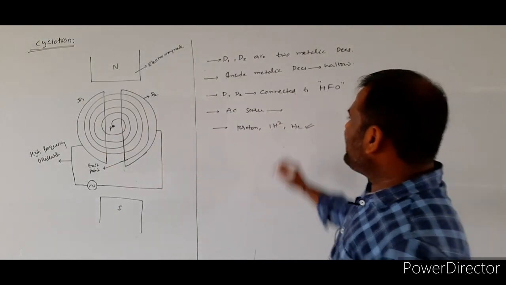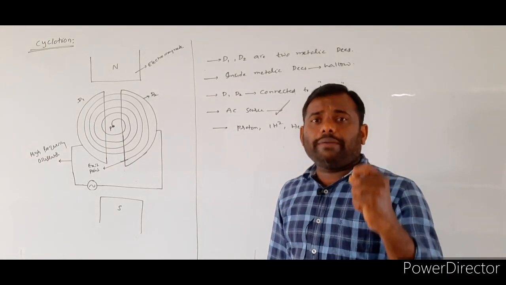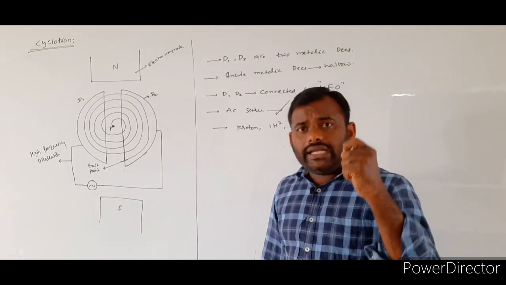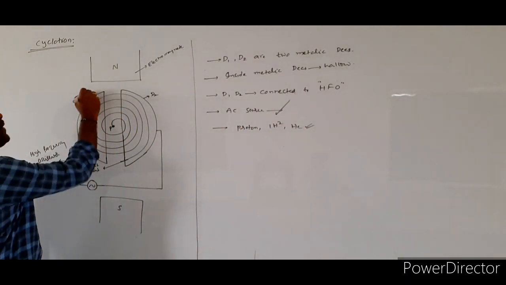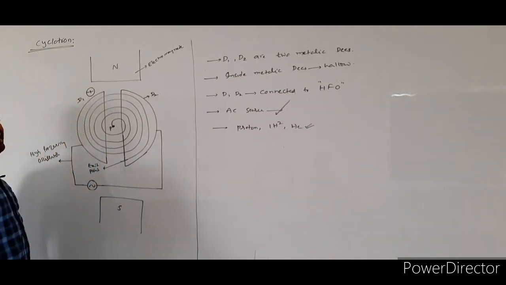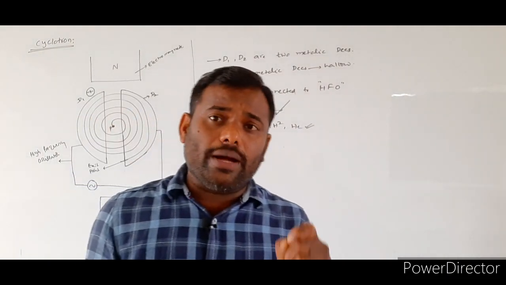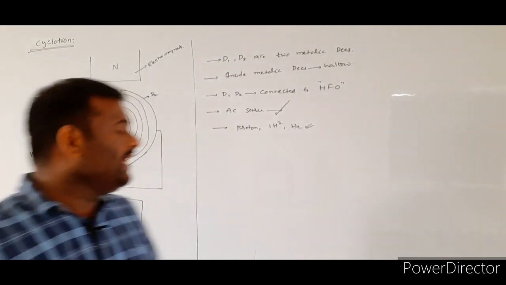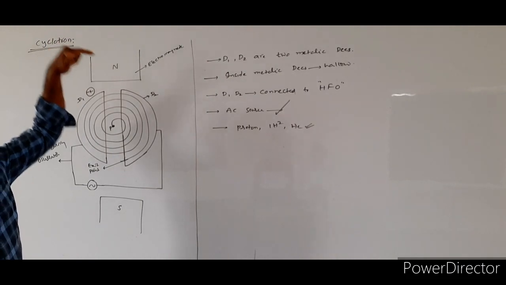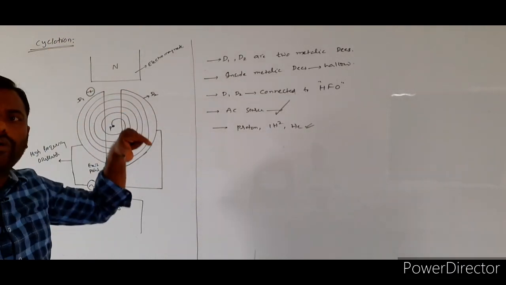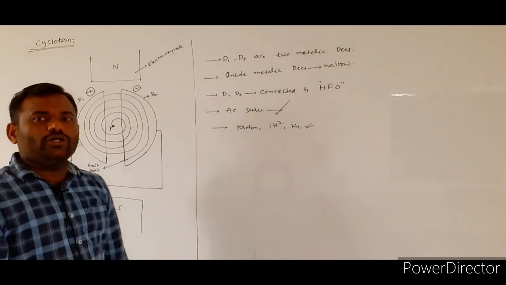Because it is an AC source, the direction of the particle's vibration continuously changes. That's why for the positive half cycle of the applied AC, D1 becomes positive, acting as the positive plate, and the metallic D2 will be acting as the negative plate.